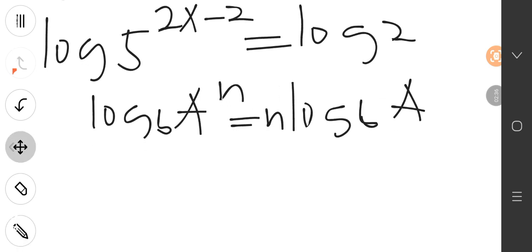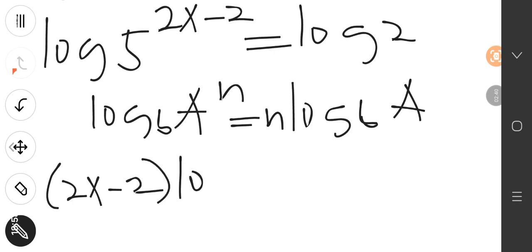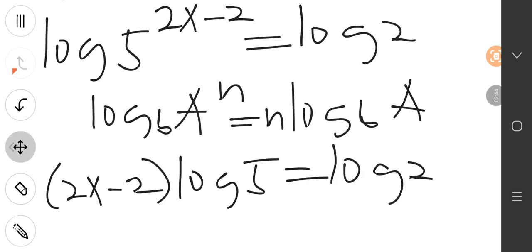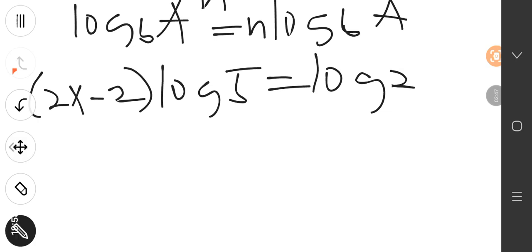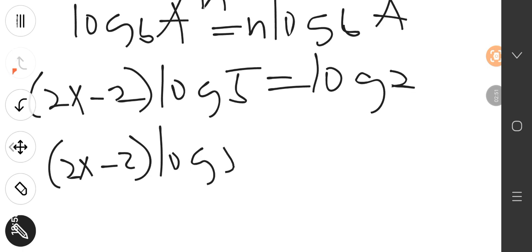So we're going to have (2x-2) multiplying log 5 equals log 2.